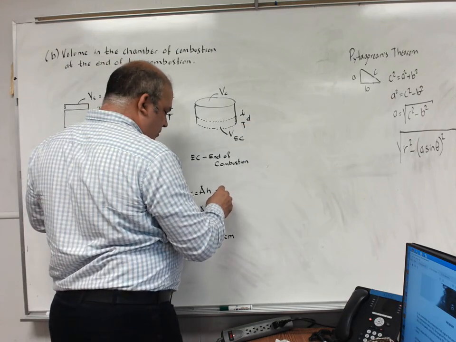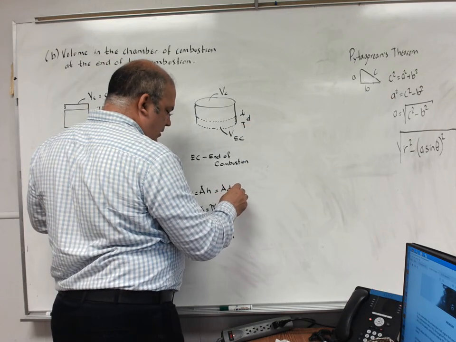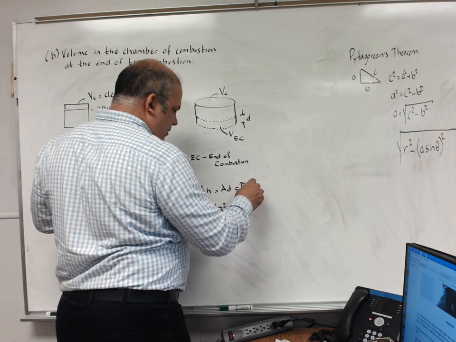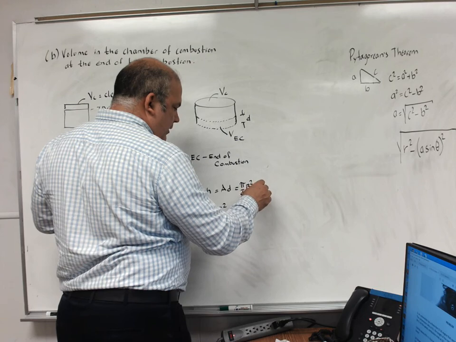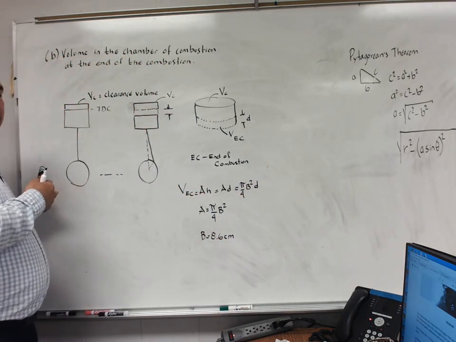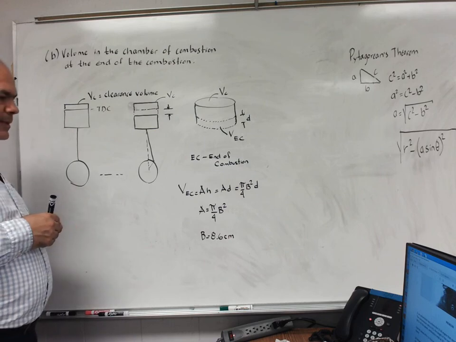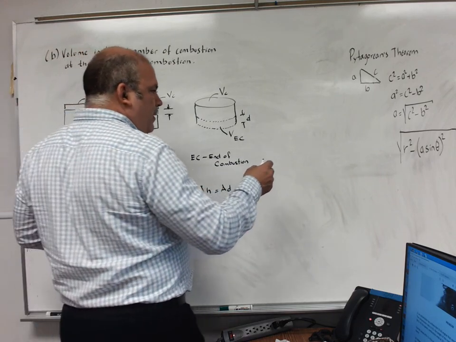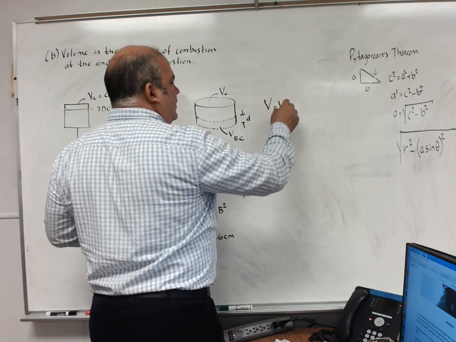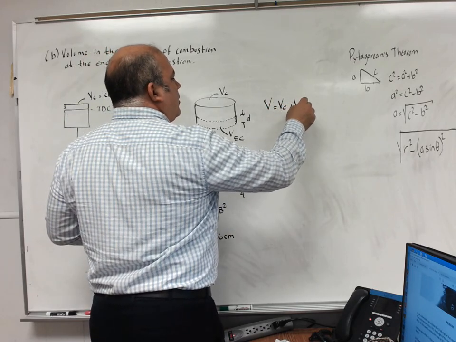So VEC is pi over 4 B squared times d. This d is the one that we calculated in the previous part. So the total volume will be equal to VC plus VEC.